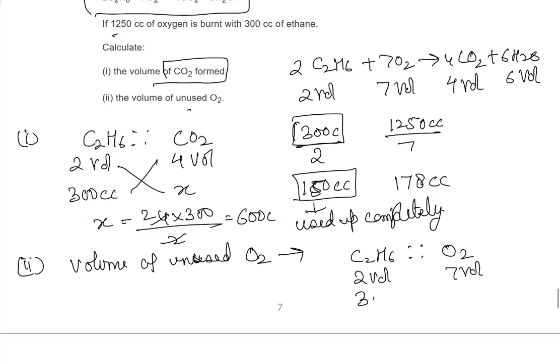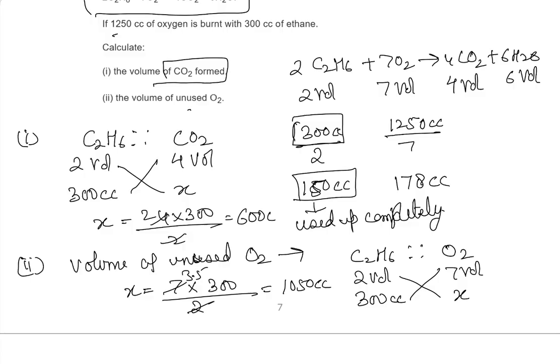Now C2H6 is given as 300 cc, and we will take the oxygen as x. The x you will get is 7 into 300 by 2, which is 3.5 times 300. You will get 1050 cc. So that means the oxygen used up is 1050.